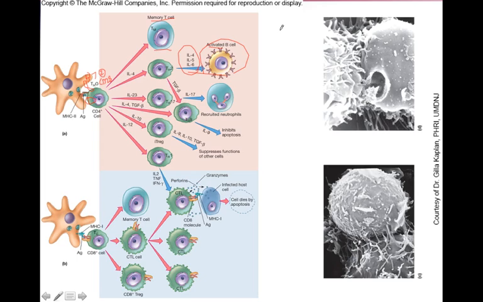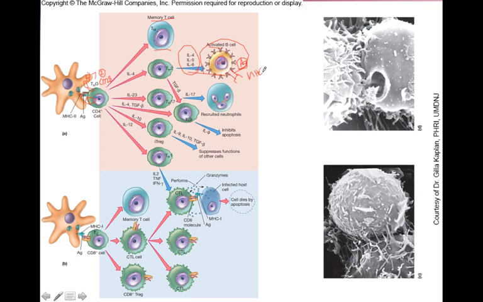The B cell needs to be activated by antigen. The B cell receptor, which is the membrane-bound immunoglobulin, would need to bind antigen, and it would also need to then take it into the cell and break it up into little pieces and present on the surface of that cell in MHC class 2 to the T helper cell.